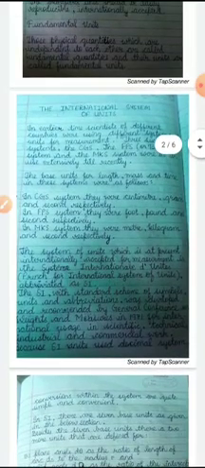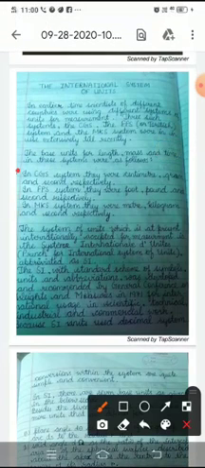The base units for length, mass and time are all fundamental units. These three are fundamental units. For these three fundamental units, in the CGS system, centimeter for length, gram for mass and second for time.